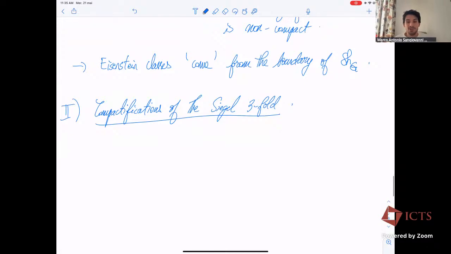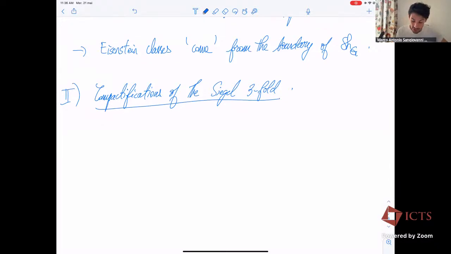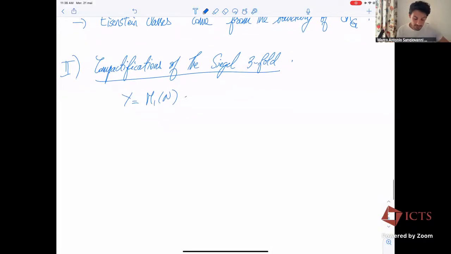Unfortunately, there are many compactifications and each one of them is important in this theory. So let me introduce the relevant notation. From now on, I will denote by Y my M1 of N. And so, four useful compactifications.